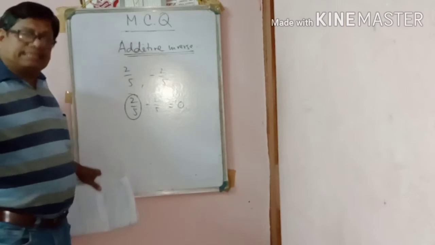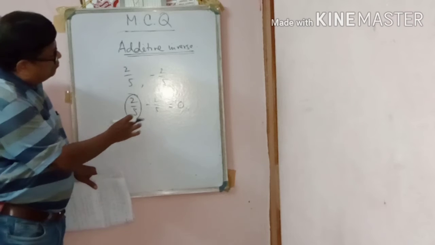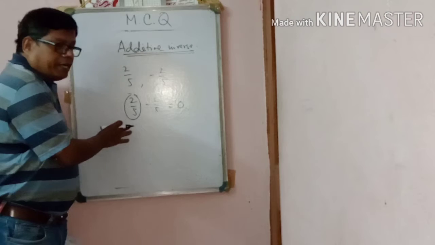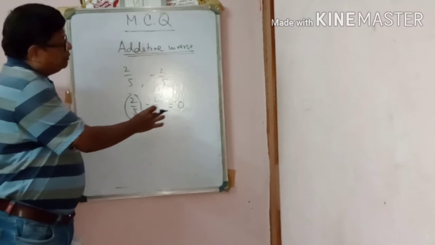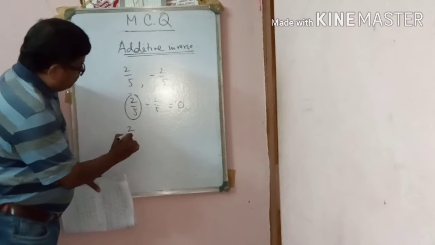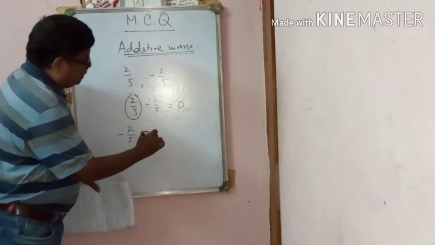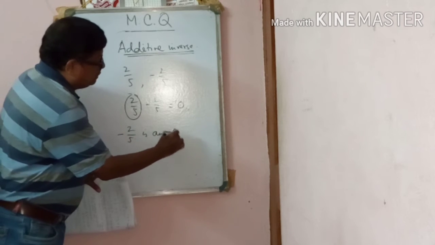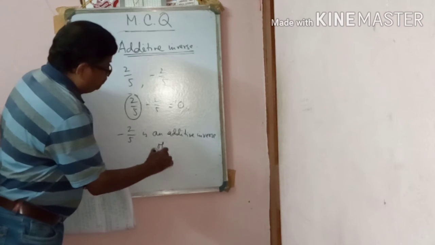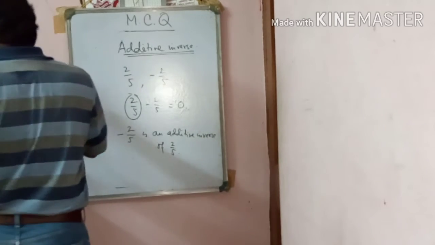So 2 by 5 is a rational number, and there exists another rational number, minus 2 by 5, such that 2 by 5 minus 2 by 5 equals 0. So minus 2 by 5 is an additive inverse of 2 by 5.